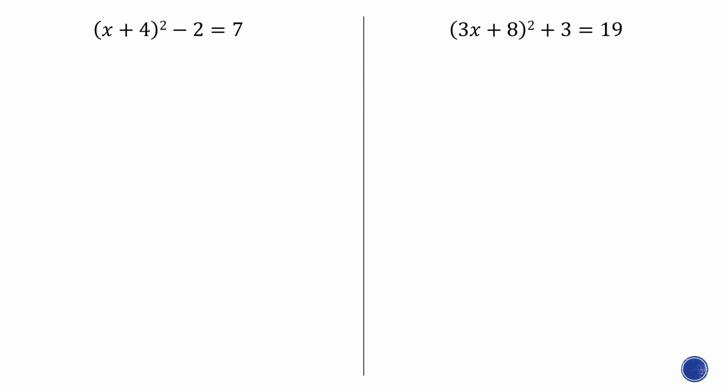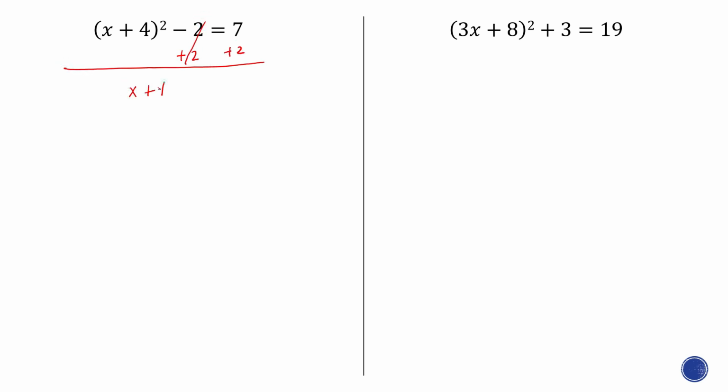Okay, so here, this is not in the form of x squared minus k equals 0, but we will solve this one using the method of extracting the square root. On the left side, (x plus 4) squared minus 2 equals 4. The first thing we will do here is add 2 on both sides.